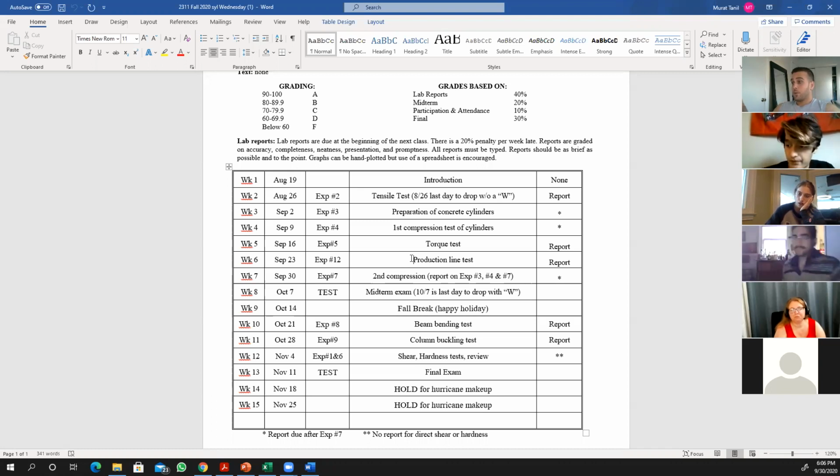But when it comes to answering the short answer and long answer questions, I will throw questions, let's say, how to increase the capacity of a column, for example. I just explained today, the entire lecture was on how to maximize the column buckling capacity.